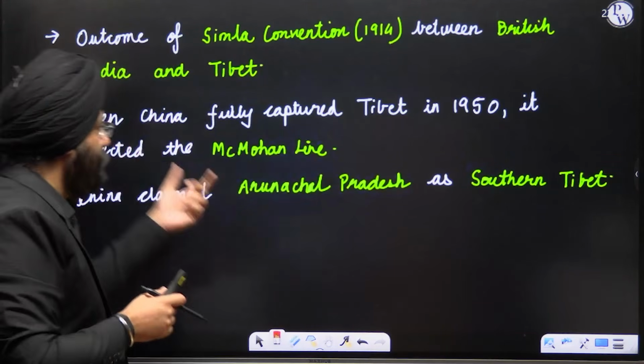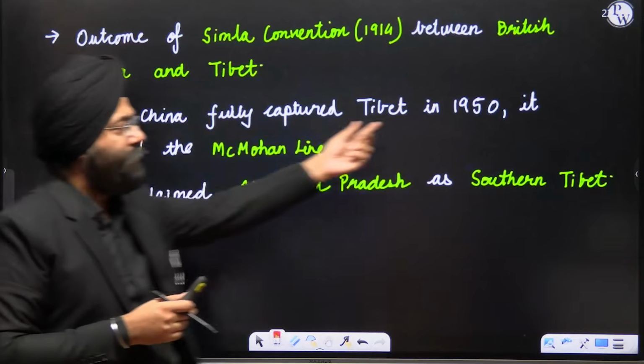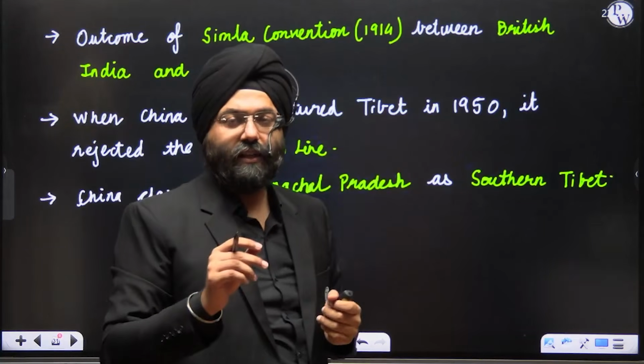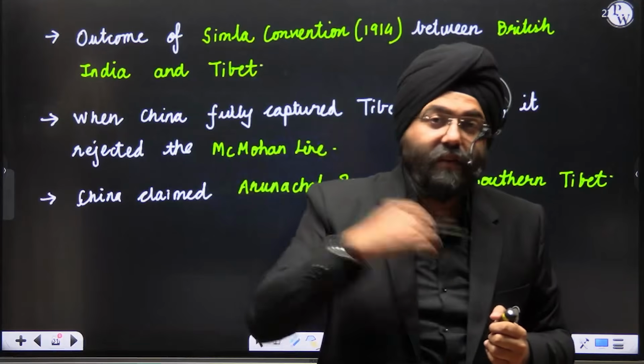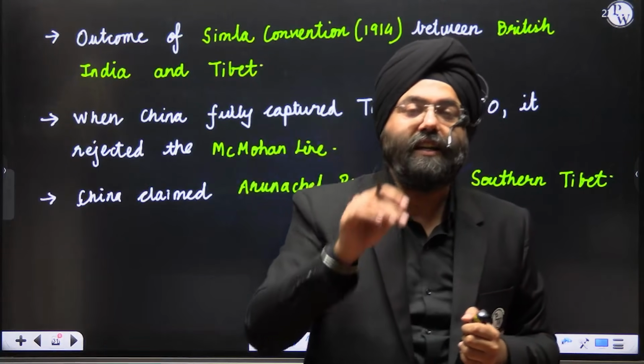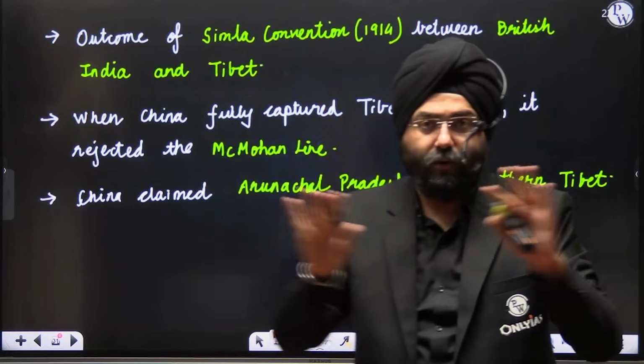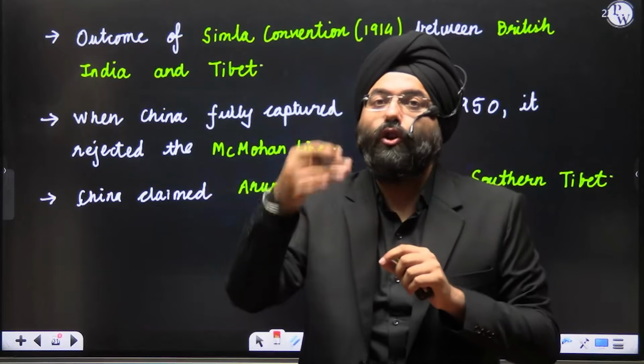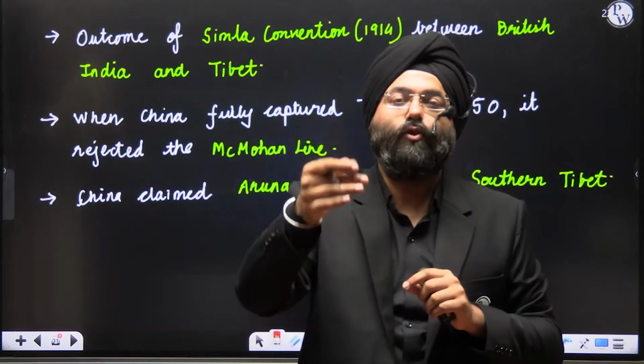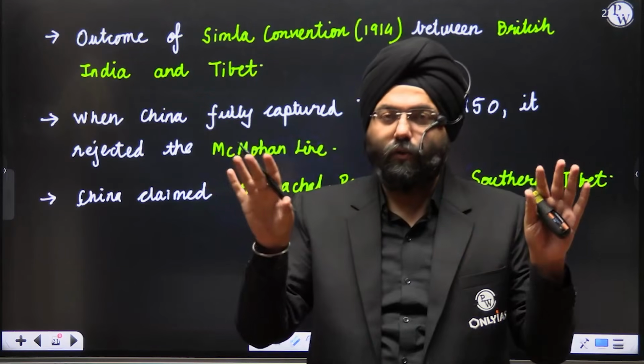Later, when China fully captured Tibet in 1950, they said that, see, we were not the ones who made this agreement, this Shimla Convention 1914, and we were not a part of it. So we are not going to adhere to this McMahon line, and we are not going to follow it.